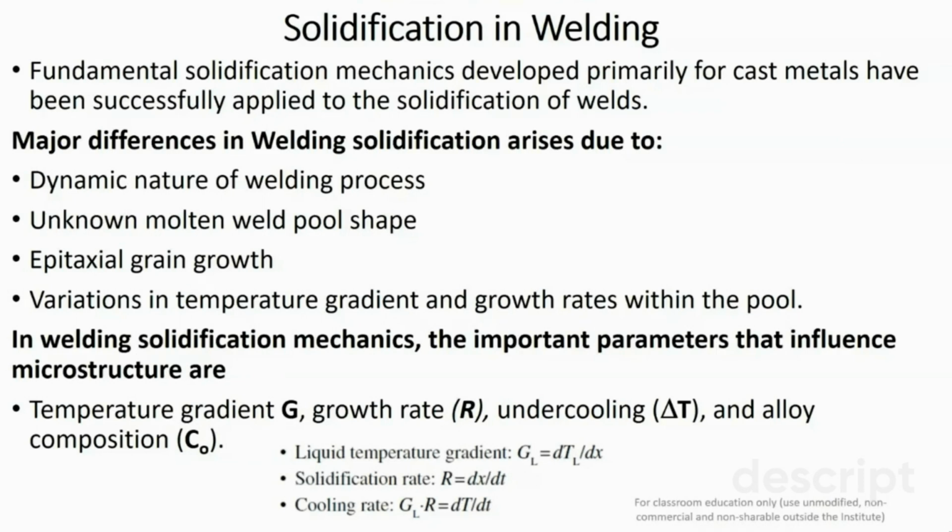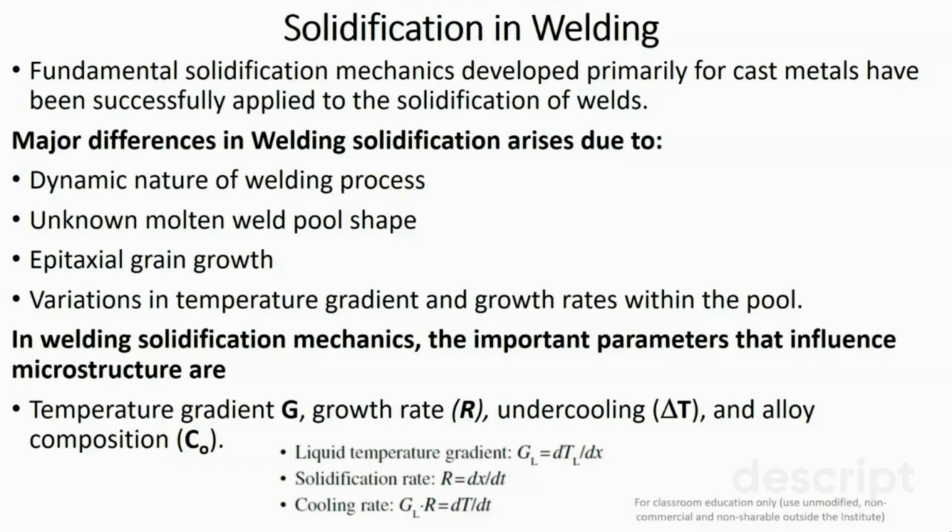But there are certain differences in the welding solidification, and those arise due to different factors or points to consider. The first one is the dynamic nature of the welding process. The welding process is somewhat different as compared to the casting process because there is a movement of the heat source.